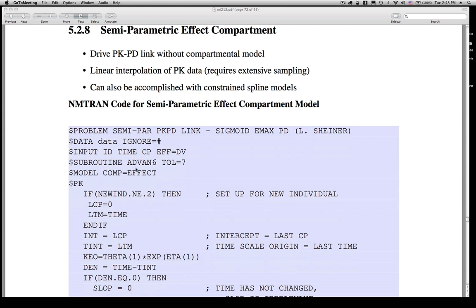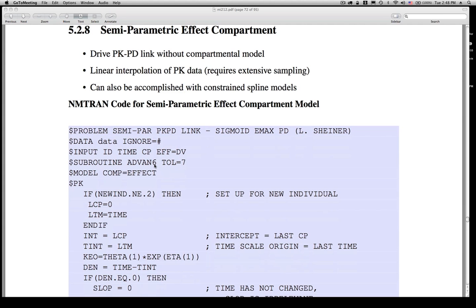Now, what we're going to do here is use Advan 6 differential equation block so we can get access to the integration time t. You'll see how that works. So imagine a case here we have a single dose scenario where you have extensive sampling over time, and let's say a single dose studied over 24 hours.